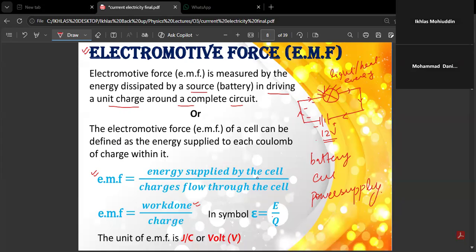Capital E is the notation for work done. We can write W as well, or capital E as well. Charge notation is Q, and EMF notation is E. So the unit of the EMF will be joules per coulomb. Collectively, we call it volts.